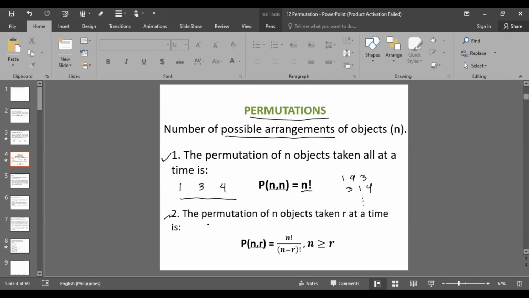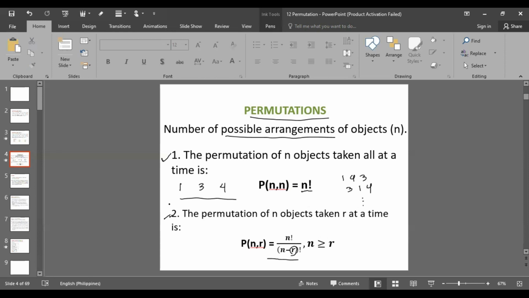Sa second case, you will use this formula when you are asked to find the number of possible arrangements of a certain number of objects taken R at a time. Kung may given number lang kung ilan na object ang gagamitin in every possible arrangement.